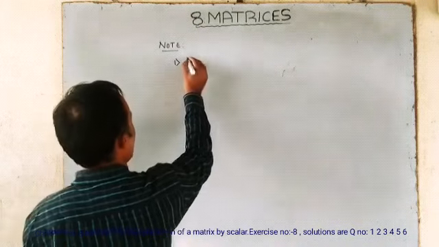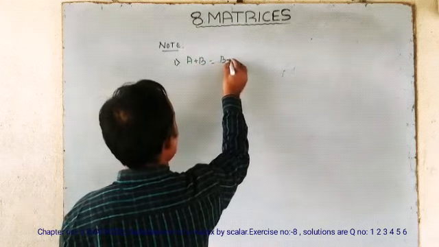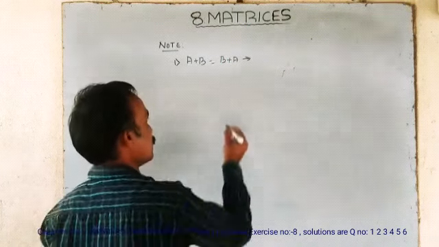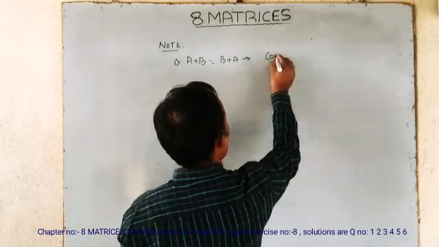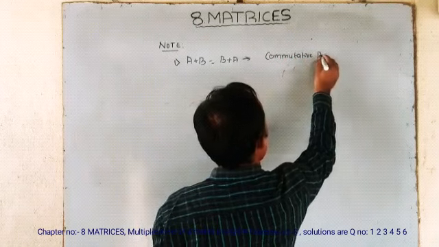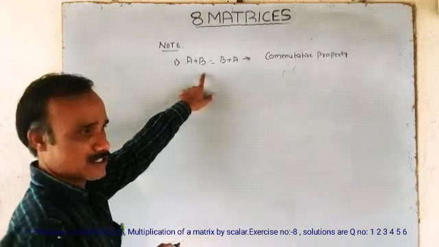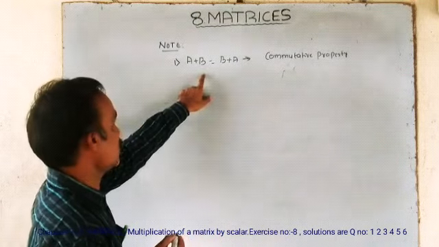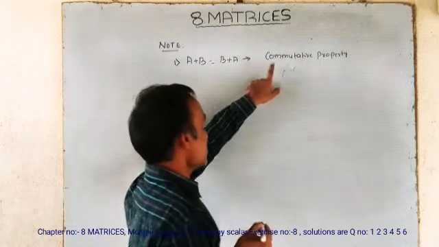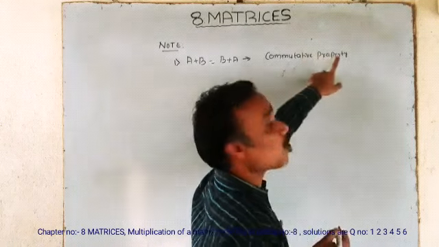So first note, very important note: A plus B is equal to B plus A. As you know already, this is one of the very important properties, called the commutative property or law. Addition of two matrices, where A and B are matrices of the same order, A plus B is the same as B plus A. This property is known as the commutative property, which means that addition of matrices is commutative.